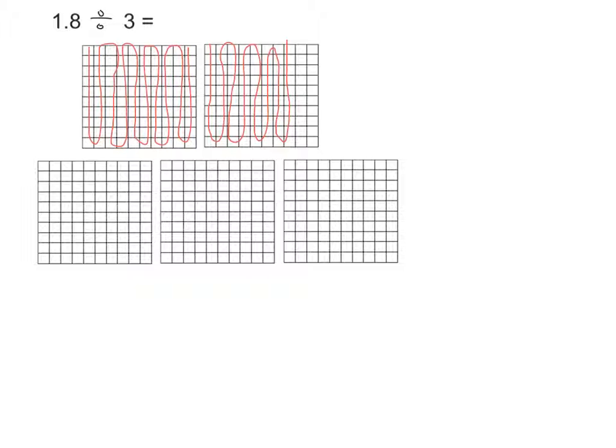So I have represented the first number, and I know the second number tells me how many groups I need to make. So 1, 2, 3 groups, and I'm going to start by giving each group a full row or a full tenth. So 1, 2, 3. So 3 of these have been given away.